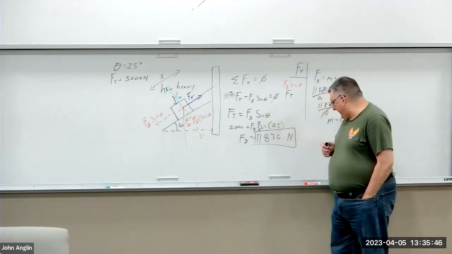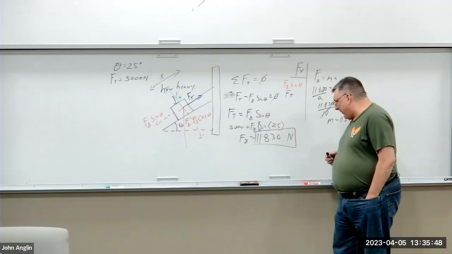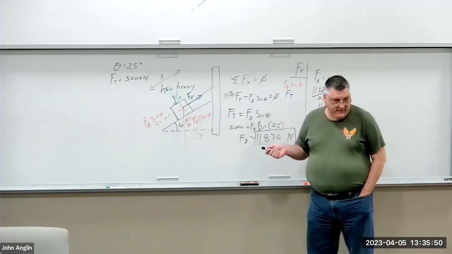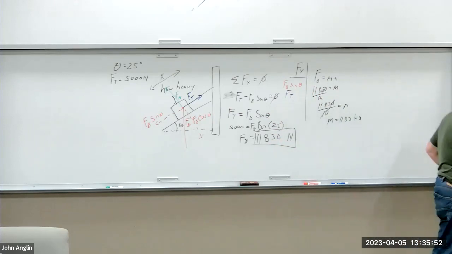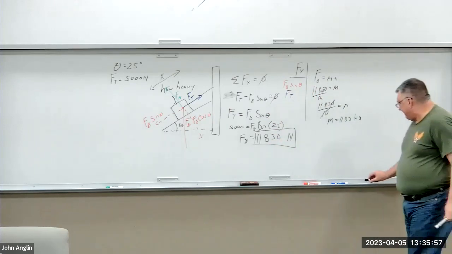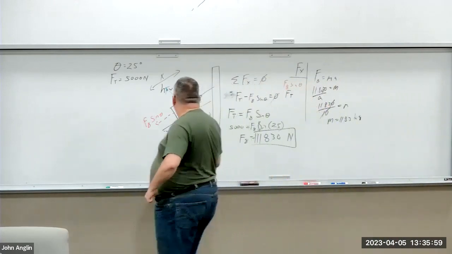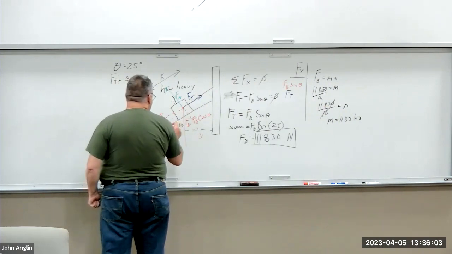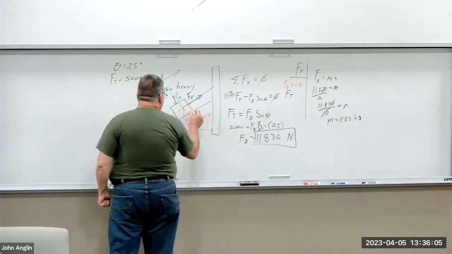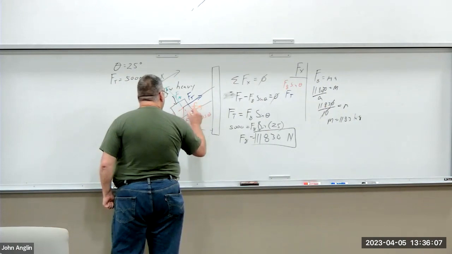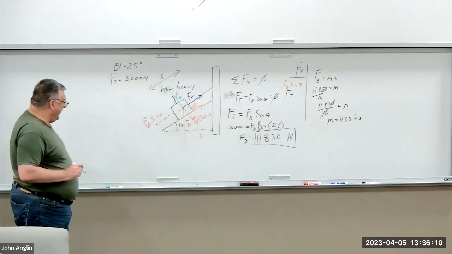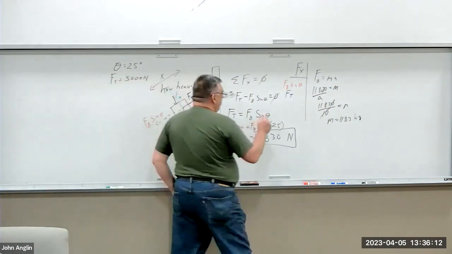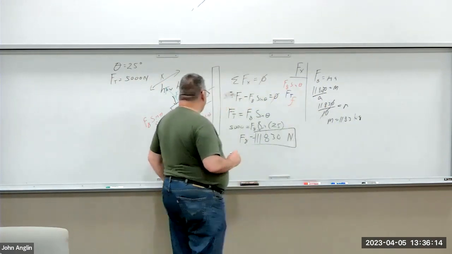If we were to account for friction in this problem, it doesn't really change much, right? Let's say, for the sake of argument, this thing's moving down. It means we have a frictional force that way. So here's our frictional force.